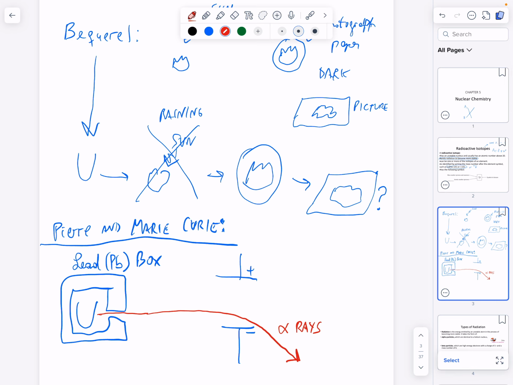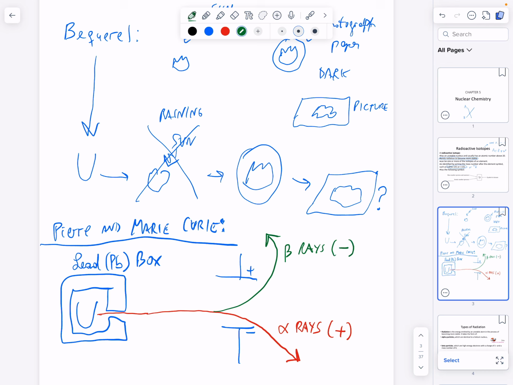Then another group were attracted to the positive side, and those were called beta rays. Because they were attracted to the positive side, these rays were negative.